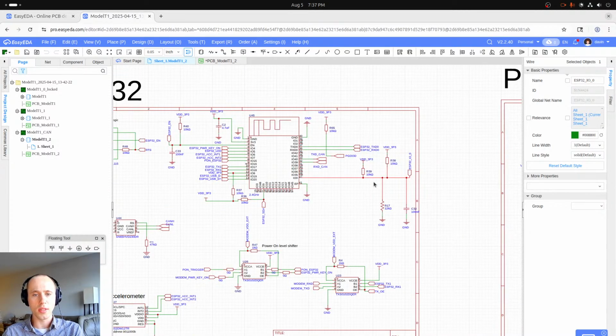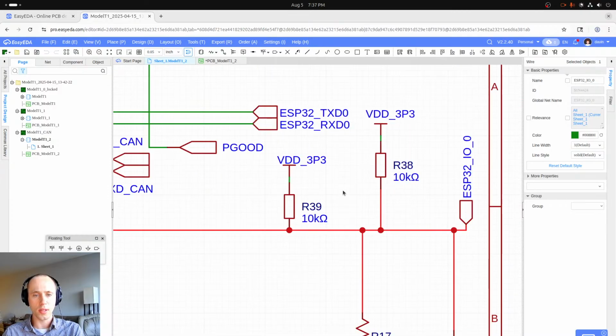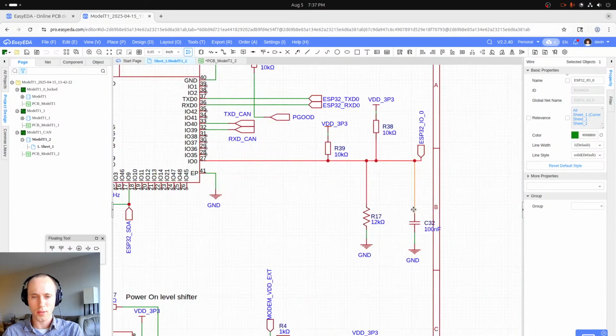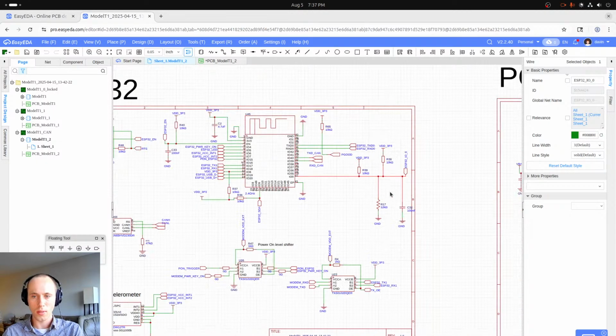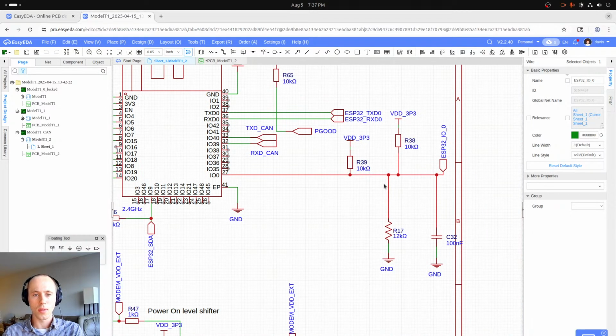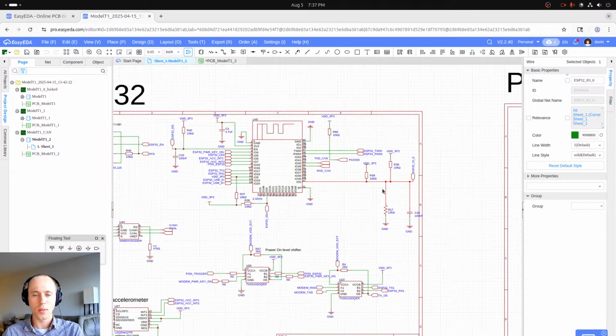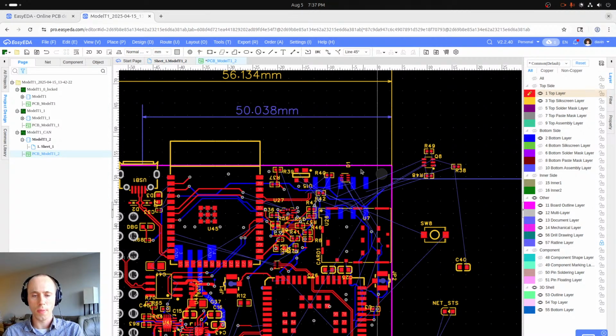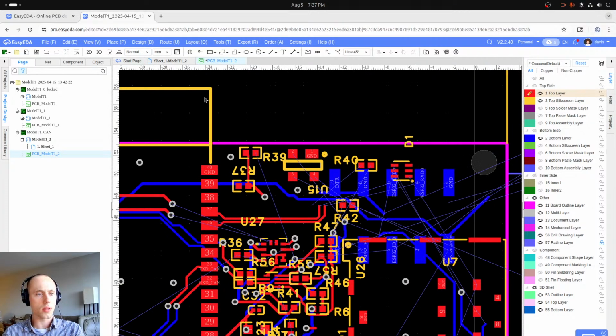Why are there so many pull-ups and pull-downs on this I/O? What? That doesn't make any sense. I'm going to pull these components off to the side and ask the other guy what is going on here.